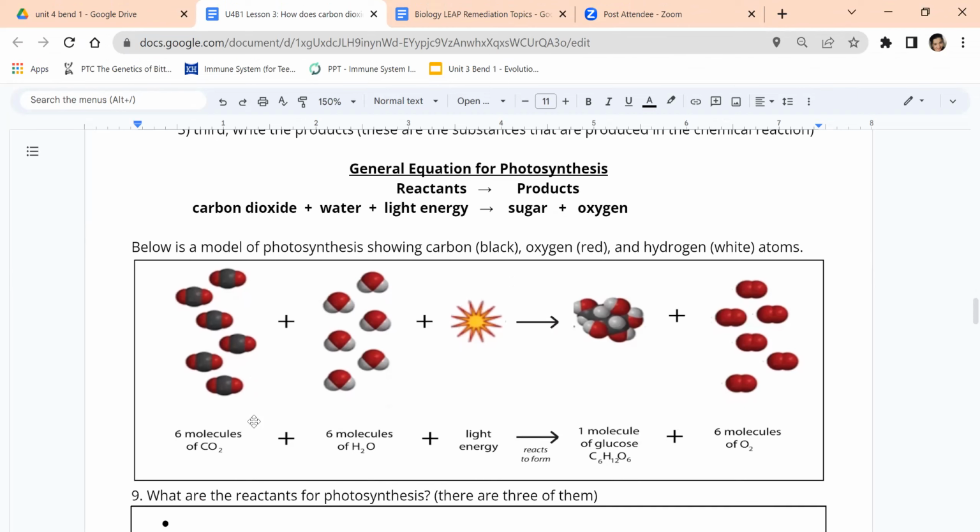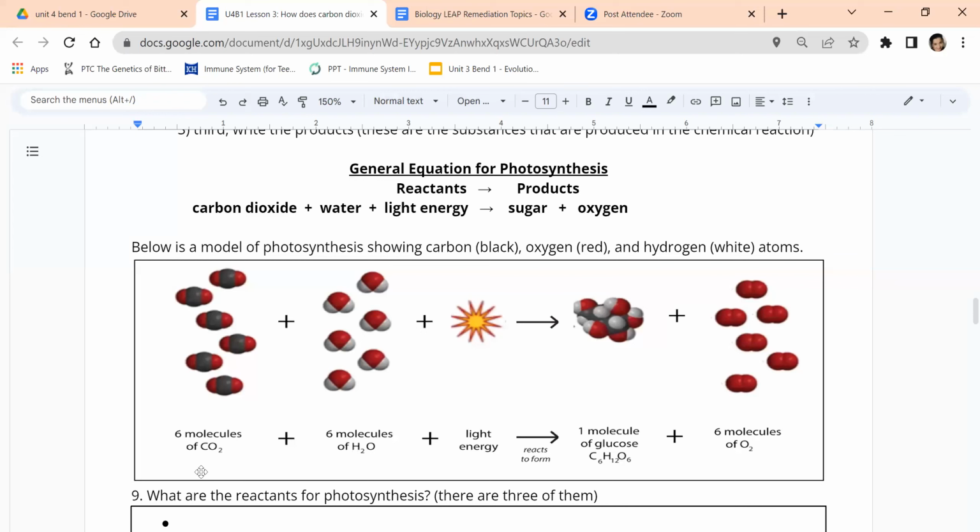We have some models of the different molecules that are involved. So these are models of carbon dioxide. So the black inner round sphere is the carbon atom, and the two red ones on either side are oxygen atoms.